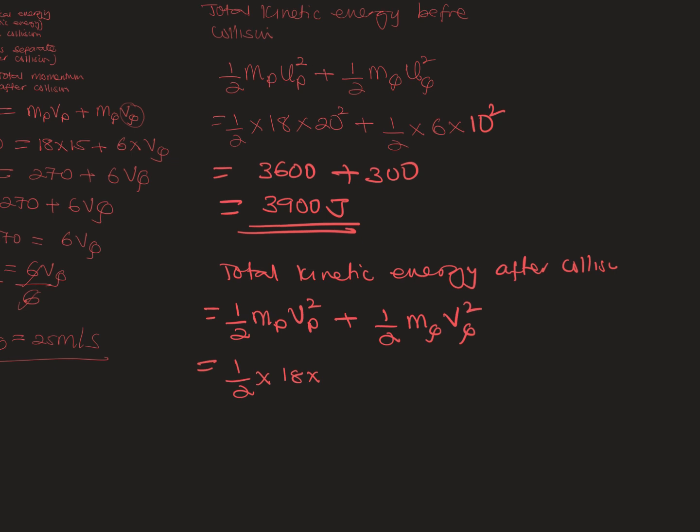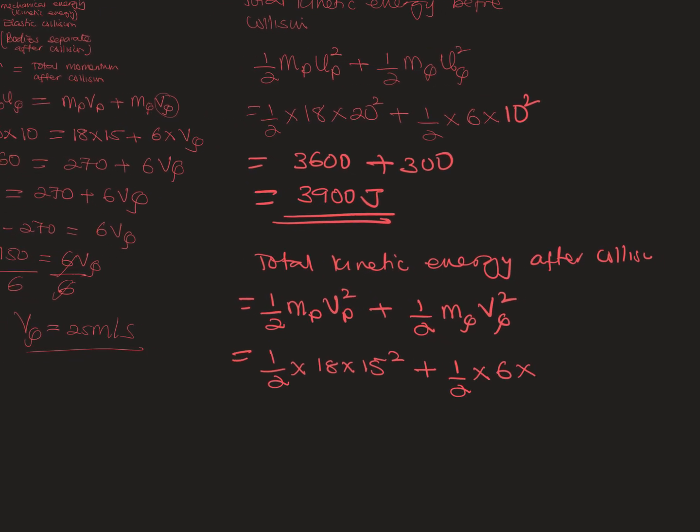Yeah, it is 15, so it will be 15 squared, plus half the mass of Q, 6, the final velocity which we calculated was 25, so it will be 25 squared. That will be half multiplied by 18 multiplied by 15 squared, that is 2025, plus half multiplied by 6 multiplied by 25 squared, that is 1875. If you add these two, 2025 plus 1875, you get 3900.